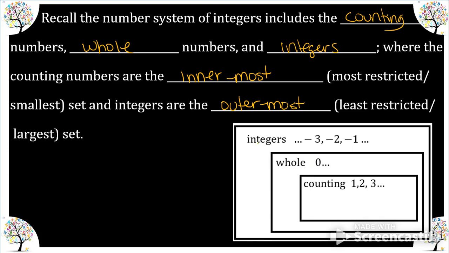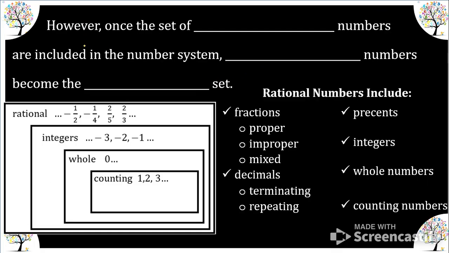So with the three sets we have learned in this unit so far, we have the counting numbers, the smallest set, and then we move to whole and then integers. Now we are adding on to this, and when we add the rational numbers, we're going to see that those include our fractions and decimals.